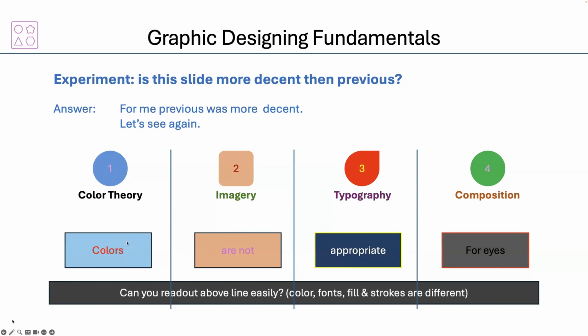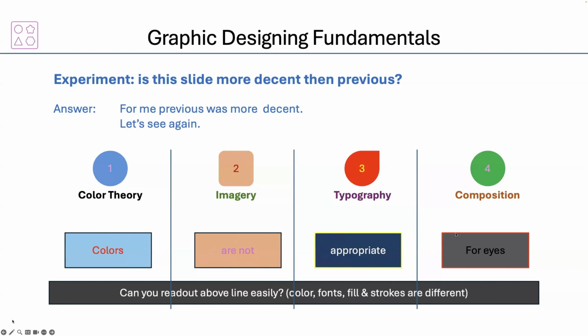Red color on the bluish background, and the stroke color is also different. Similarly, here the color combination is not good for me. Here the stroke is yellow, and navy blue and white is appropriate. You can use it, but the yellow stroke is not appropriate for me at least.